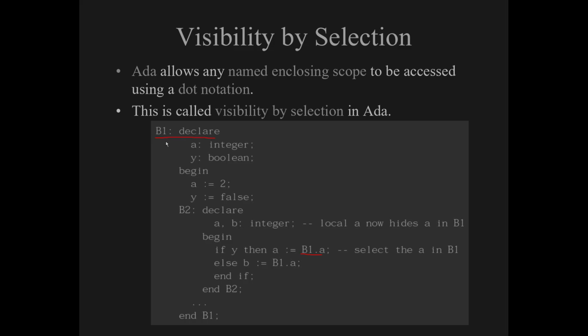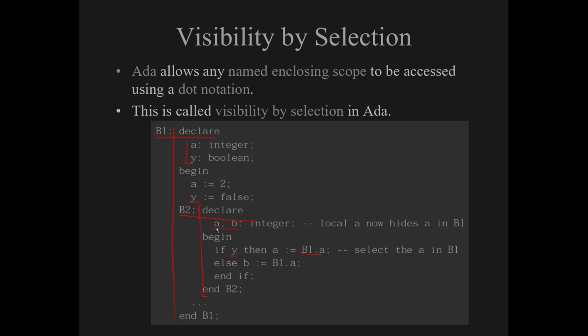So you have the outer block B1, and it has all of this stuff. And then the second block is B2, and it contains all of this code. Okay. So in B1, you have two variables A and Y, and in B2 you have A again and B. Okay. Now, when you want to use Y inside of B2, you can just say Y. But when you want to use A, then which A do you mean?